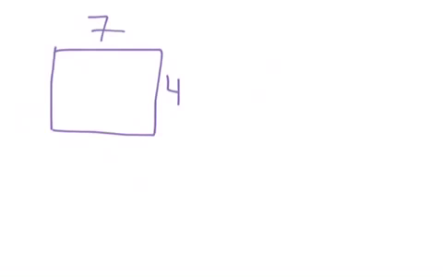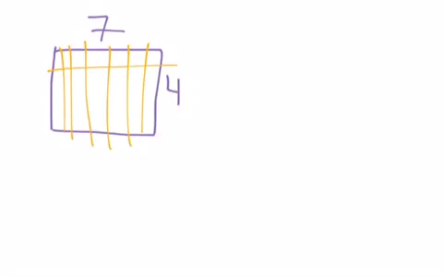So if you really needed it, you could draw out 1, 2, 3, 4, 5, 6, 7 rows, and 1, 2, 3, 4. So 4 columns and 7 rows, or 4 rows and 7 columns, excuse me. And you could go through and count all the boxes if you wanted to.